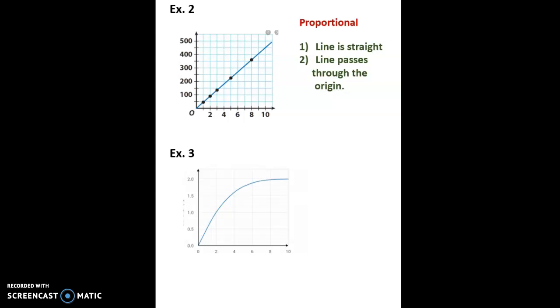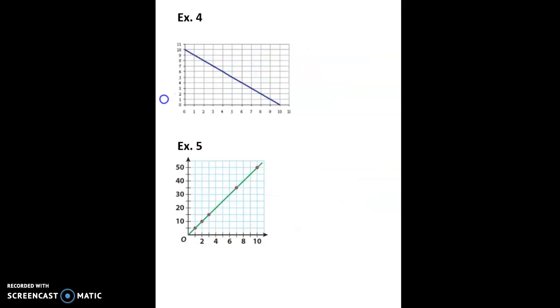Example 3, what do you think? Proportional or non-proportional? That's right, it's not proportional because the line is not straight. Example 4. That's right, it's not proportional.